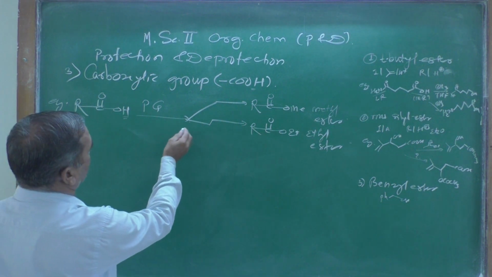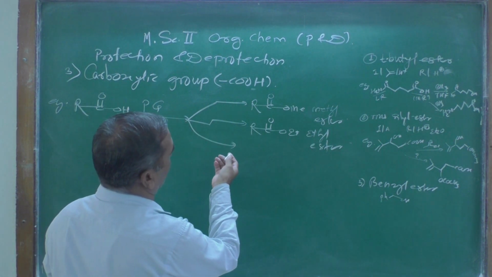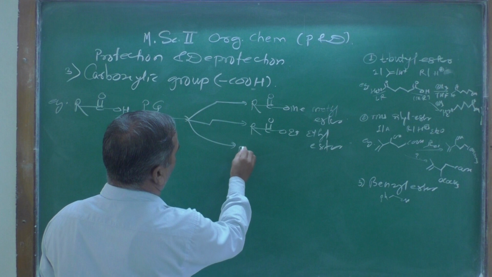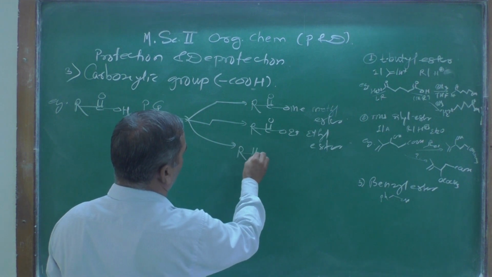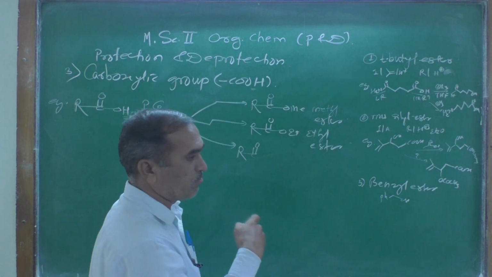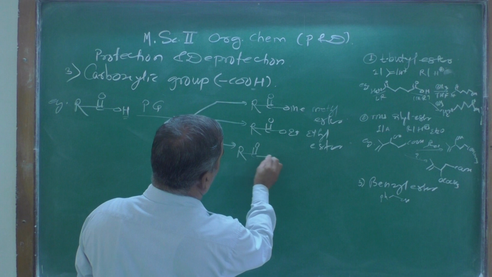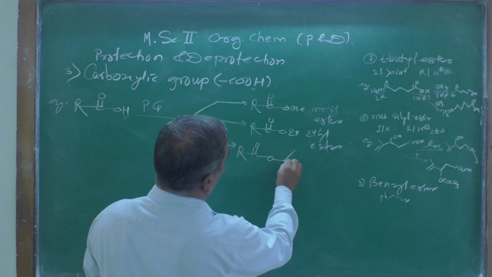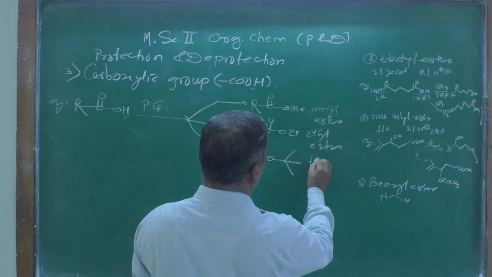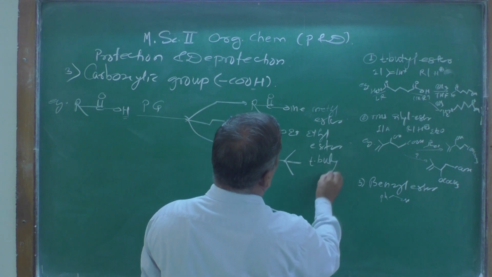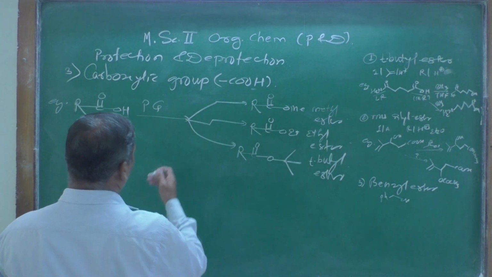Suppose it is treated with some reagent so that you get here R. We are talking about the general reaction, what will be the possibilities to convert this. So O, then maybe this is called a tertiary butyl ester.